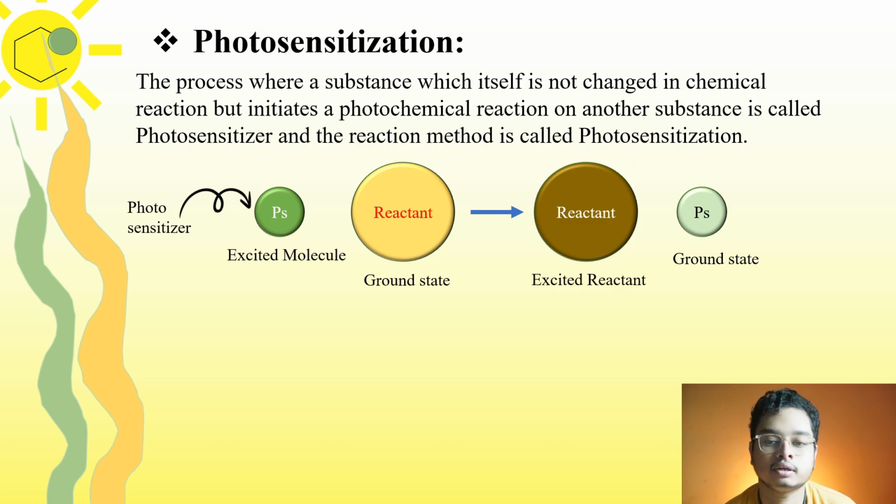However, if there is a certain compound which itself is not changed in the chemical reaction, but helps to capture the energy from the electromagnetic radiation and then transfer that energy in its excited state to the reactant and make the reactant excited, then this method is called photosensitization, and the molecule that initially takes the energy, gets excited and then transfers that energy to the reactant is called the photosensitizer.